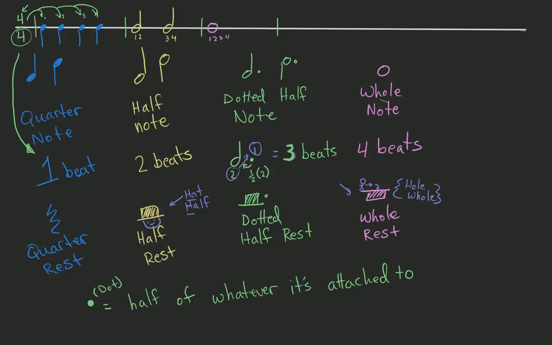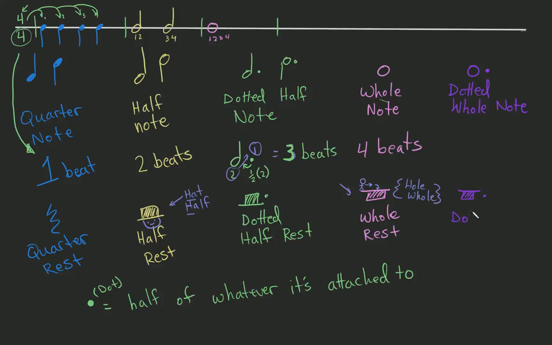Now, let's talk about one more just to drive the dot home. You can have this note. You could probably guess, this is called a dotted whole note. Dotted whole note. And then you have a dotted whole rest.